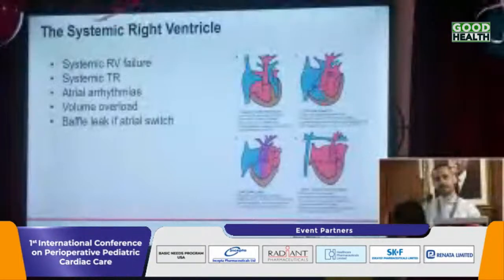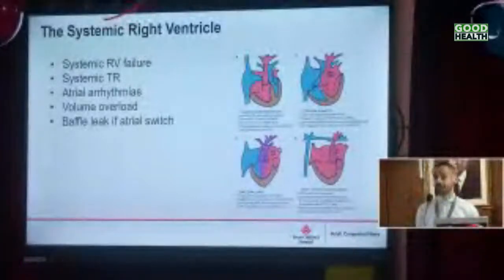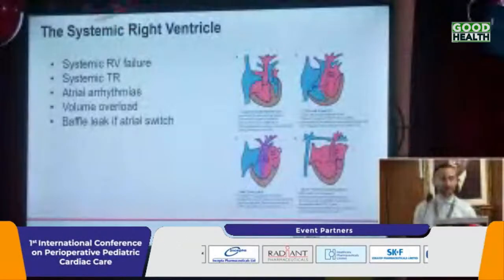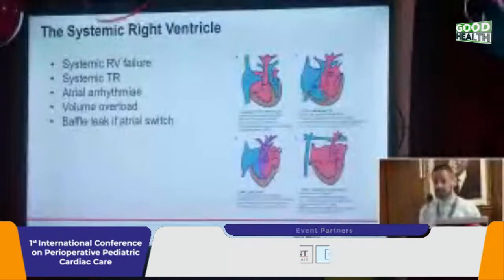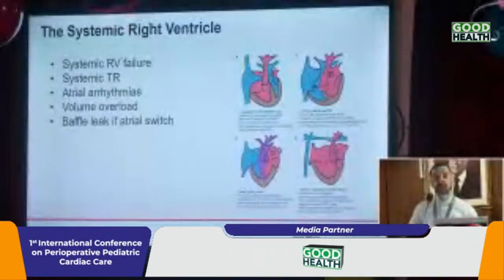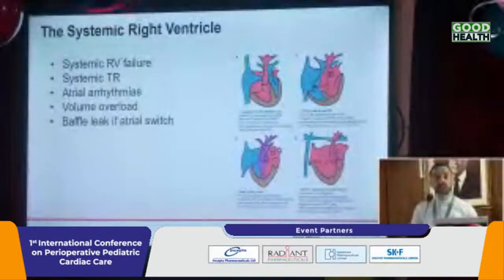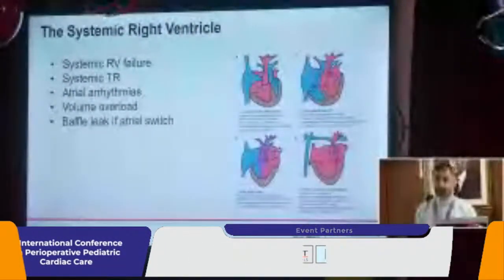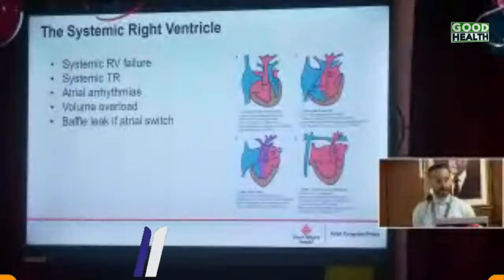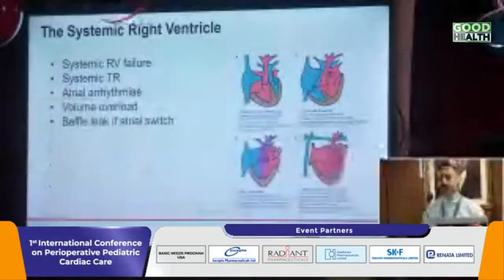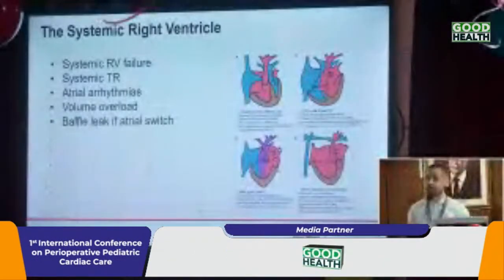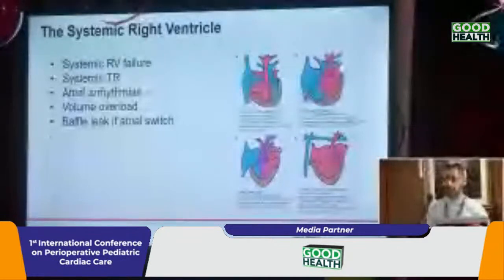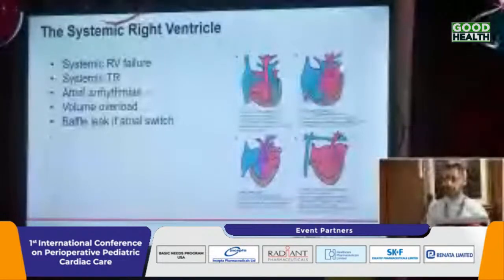We deal with systemic tricuspid regurgitation or common AV valve regurgitation in these patients. We deal with atrial arrhythmias in a systemic right ventricle. Atrial arrhythmias are actually a big deal. Loss of atrial contractility might precipitate a significant amount of hemodynamic instability. These patients oftentimes come to the ICU volume overloaded or might have baffle leaks if they underwent a Mustard surgery or atrial switch surgery during childhood.